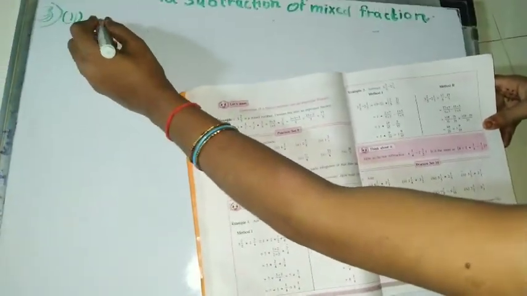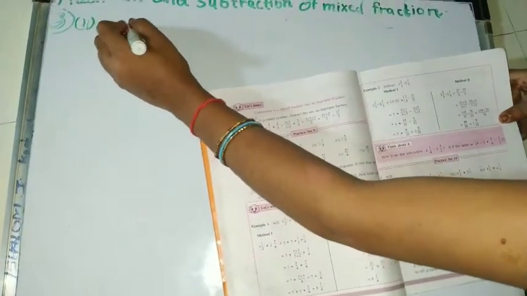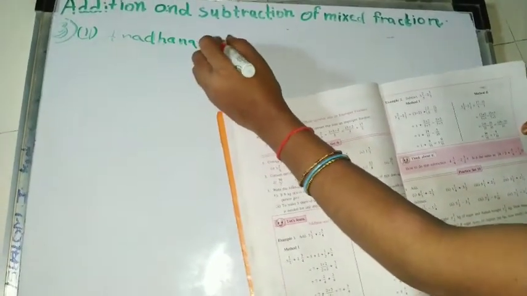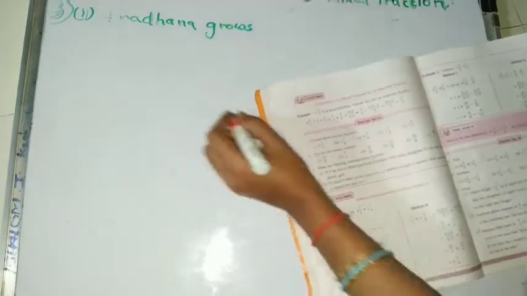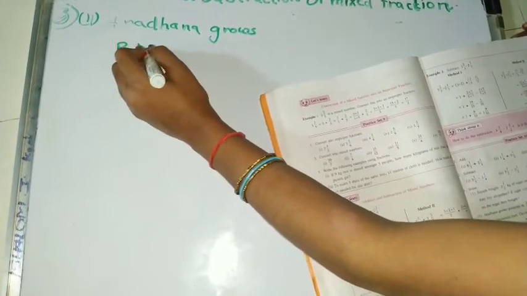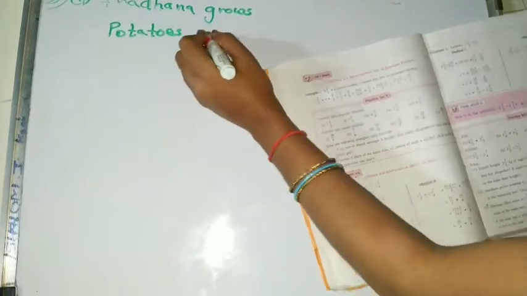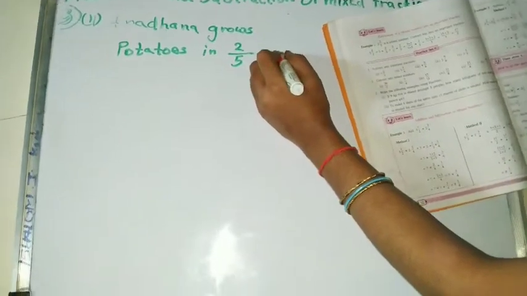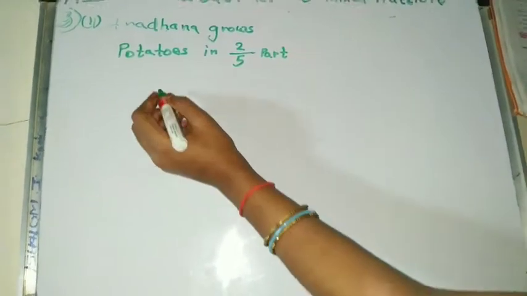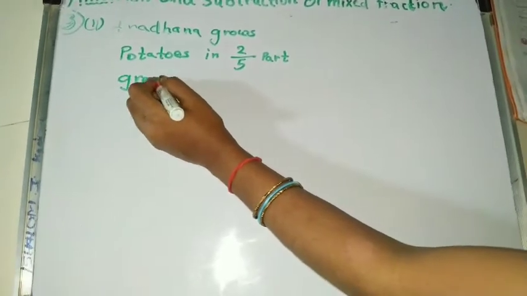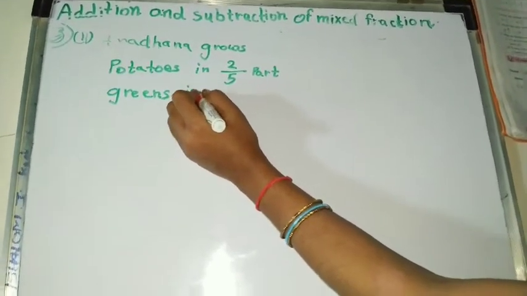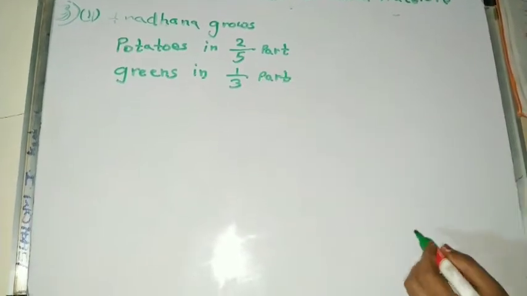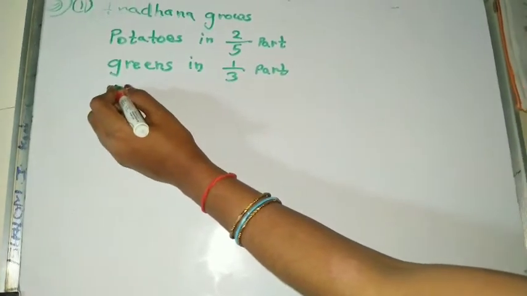Aradhana grows potato in 2 by 5 part, and greens in 1 by 3 part, and the remaining part in brinjal.